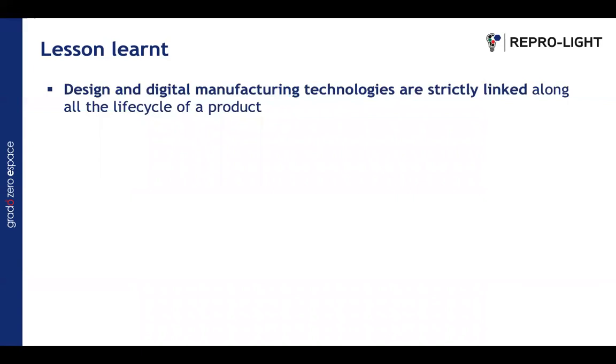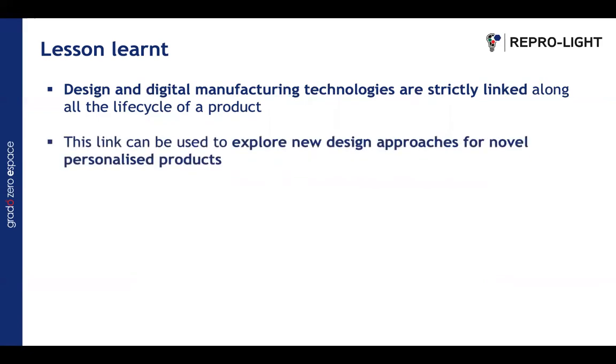For efficiently using additive production technologies, this link is absolutely necessary and allows the digital technology to properly work. Second, this link can be used to explore new design approaches for novel personalized products, as we have shown along all the presentation.